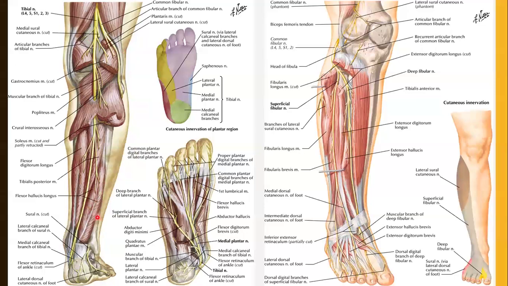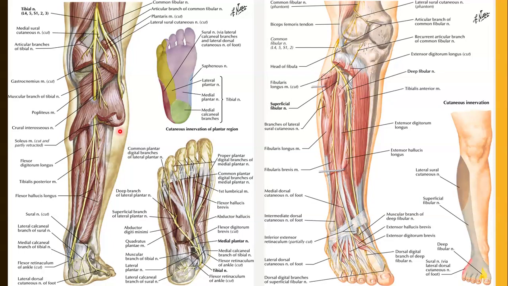Their union is usually much lower down. Other than that, the common peroneal nerve also gives us the lateral cutaneous nerve of the calf, which supplies the skin around this region. Lateral cutaneous nerve of the calf.